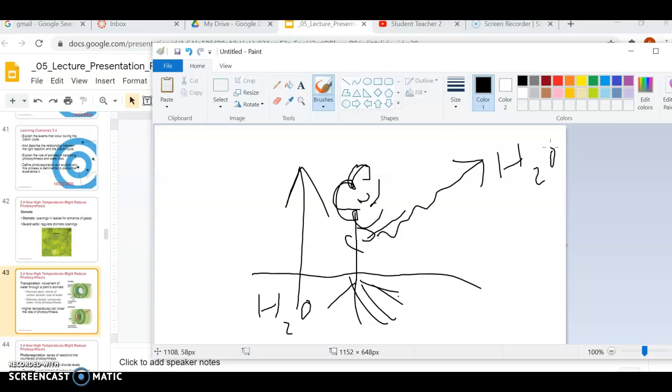So you would think maybe we should close the stomata more, but if the stomata is closed, then carbon dioxide can't get in. So there's sort of a balancing effect where plants need to have enough water and enough carbon dioxide to be able to do photosynthesis.